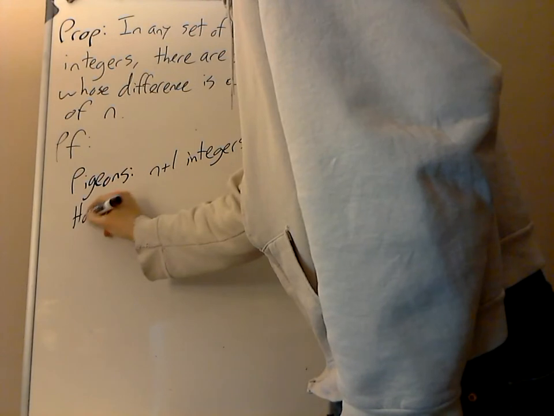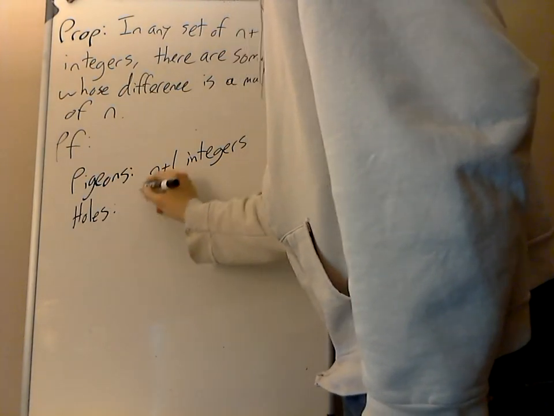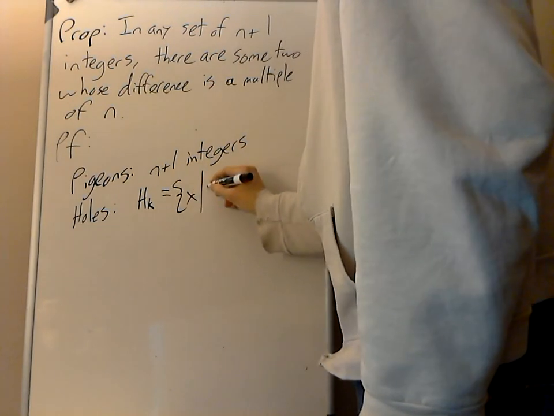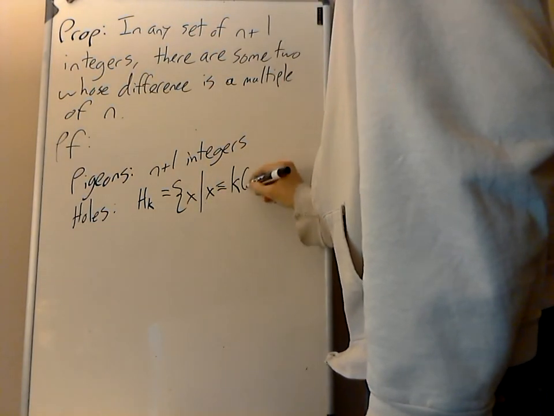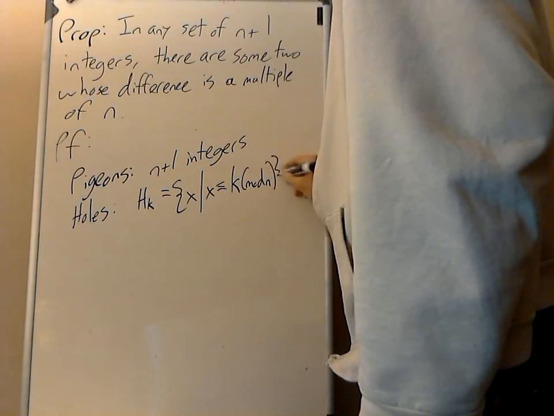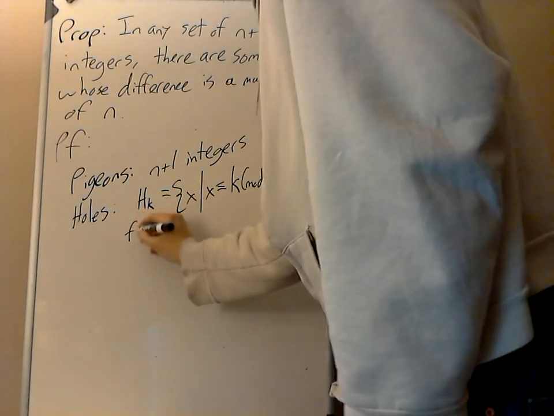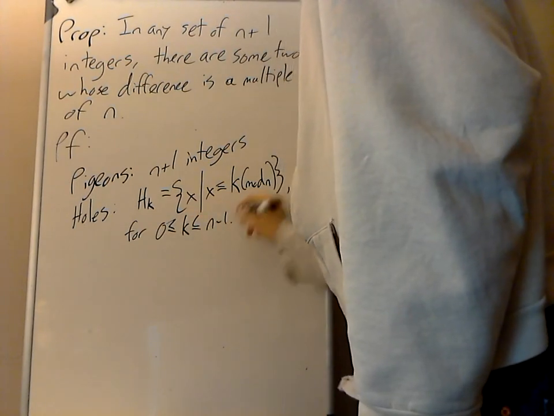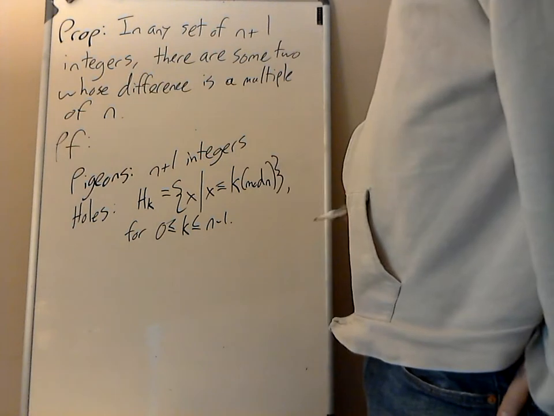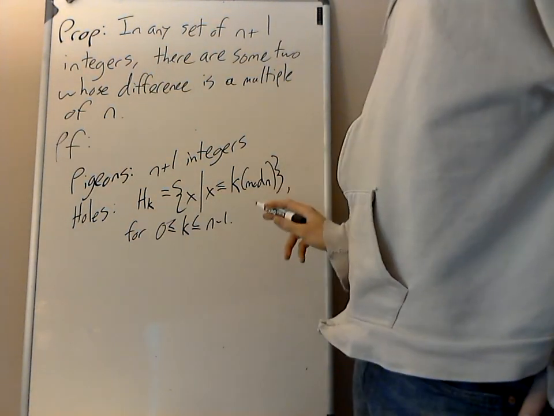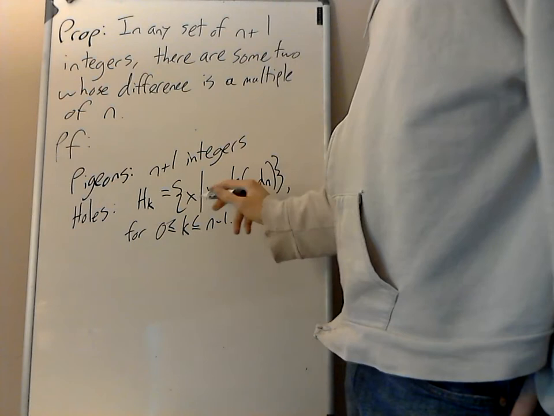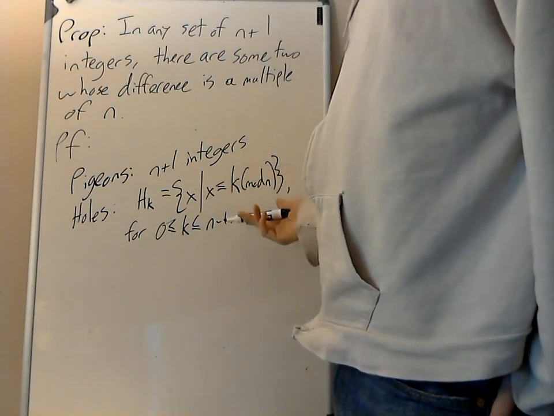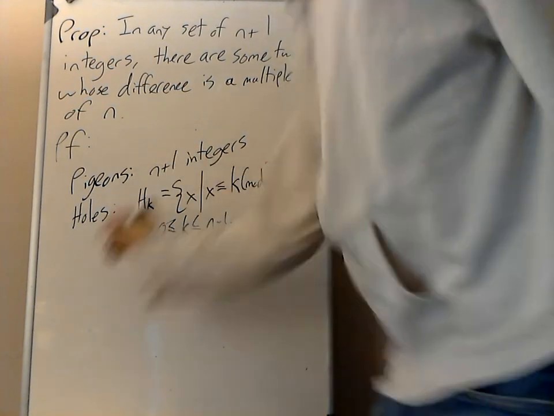And the holes, we'll say, are the sets h_k, which are all the integers that are congruent to k mod n for all k between 0 and n-1. Now we have exactly n holes, and whenever two integers are in the same hole, that is, both congruent to k mod n, then both of the integers are congruent. Therefore, their difference will be divisible by n.